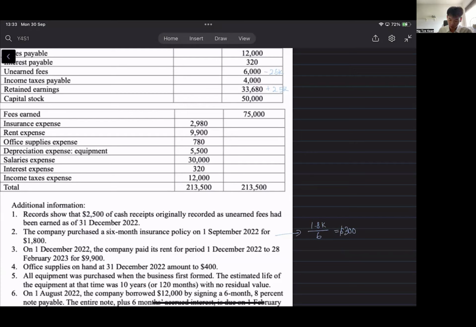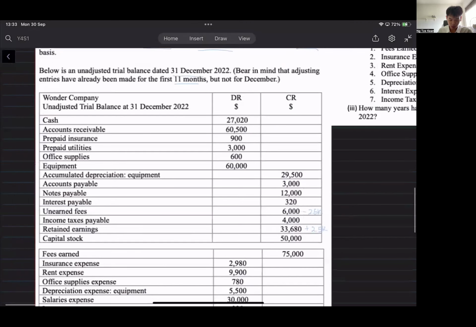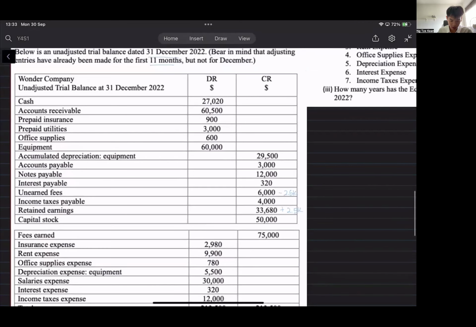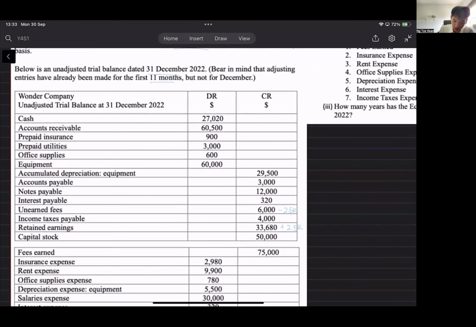And when you purchase a 6 months insurance policy, meaning you pay all cash upfront, this would be considered as a prepaid insurance. So we would be able to find it as an asset here. And we need to decrease this prepaid insurance by 300, so minus 300 here, and that will net us 600 as the final value.